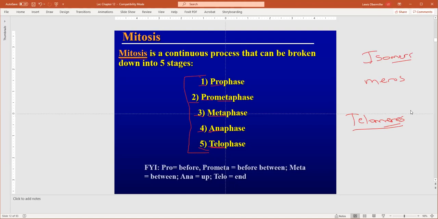Iso means same and meros means part. So what's a telomere? The end part. The end of the chromosome is the telomere. So telophase is the end of mitosis, right? And then remember we talked about anatomy. Ana means up and tomi means to cut, so anatomy means to cut up. If you remember these roots, like prokaryote, it makes it easier to know the order of these phases.